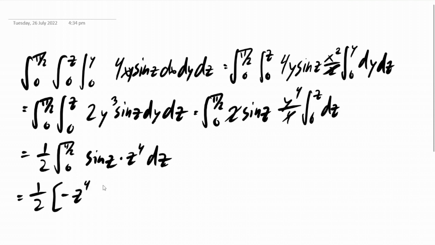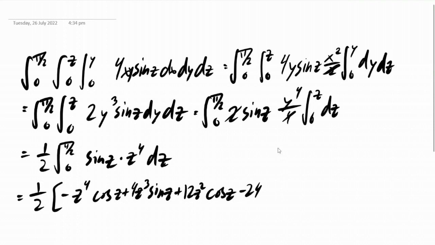Negative z raised to 4 cosine z plus 4z cubed sine z plus 12z squared cosine z minus 24z sine z minus 24 cosine z, with limits from pi over 2 to 0.